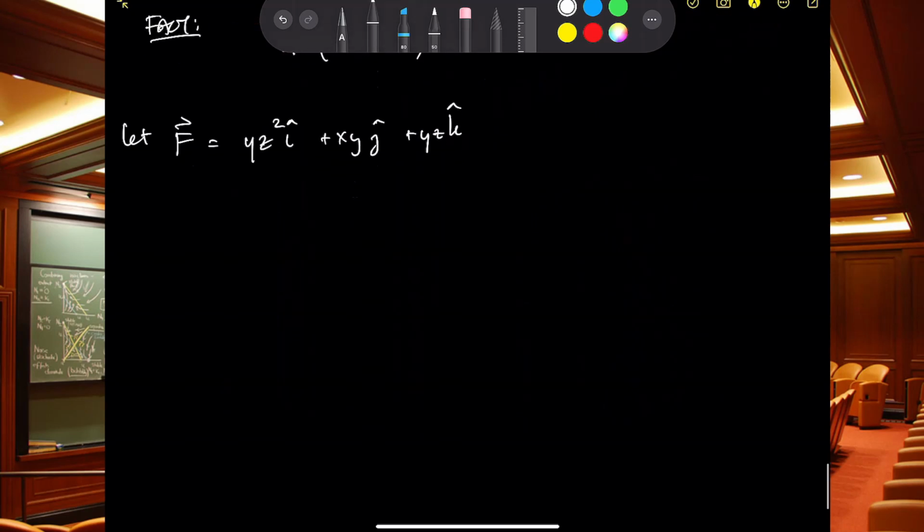But let's first compute the curl. So the curl of F, if you go through that here, and I encourage you to do so, you'll end up with 0 i hat plus 2yz j hat plus (y minus z squared) k hat.